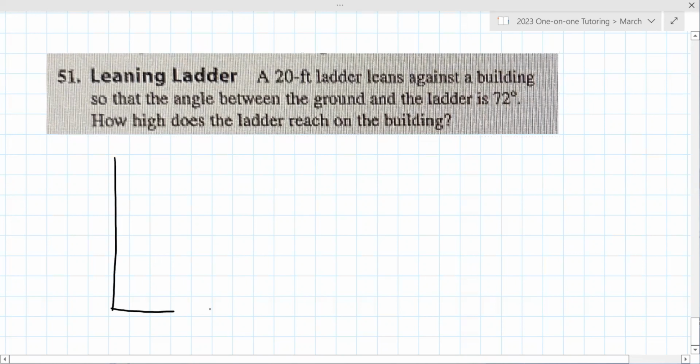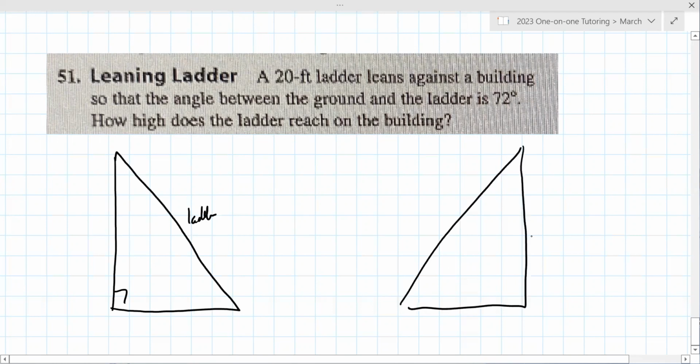But the way they want you to draw the ladder problems is either where the ladder here is the hypotenuse, or if you prefer the other direction, the ladder here is the hypotenuse and it's the wall and the wall. So either one of these.